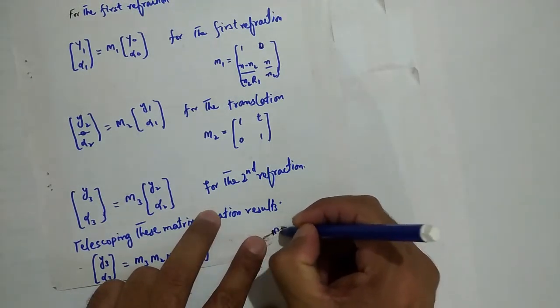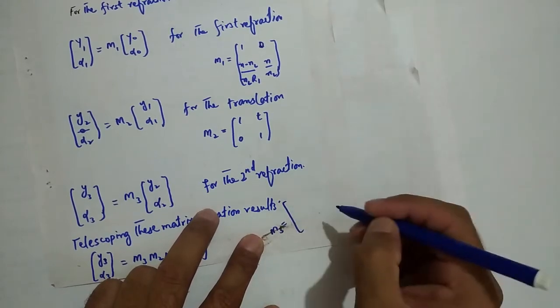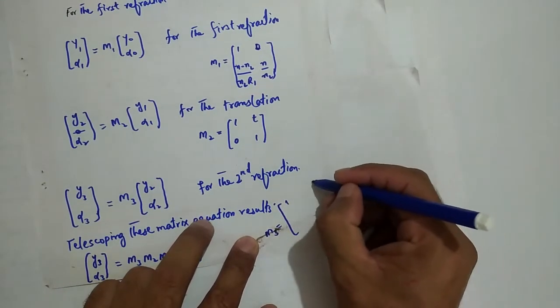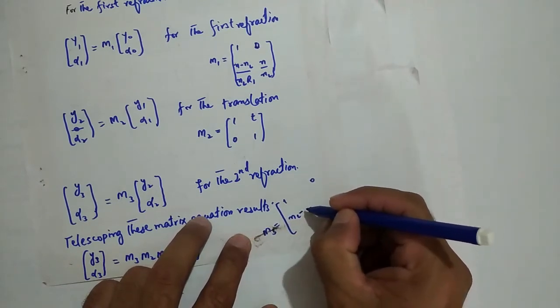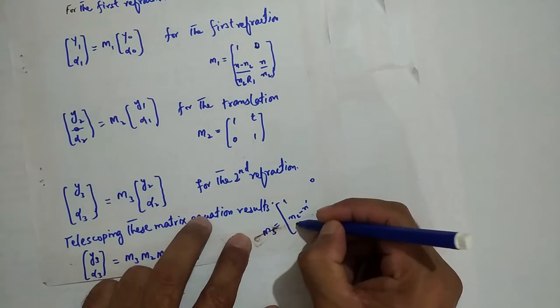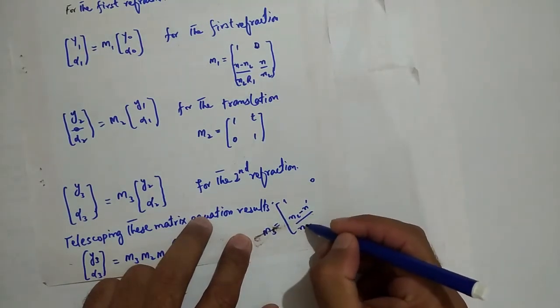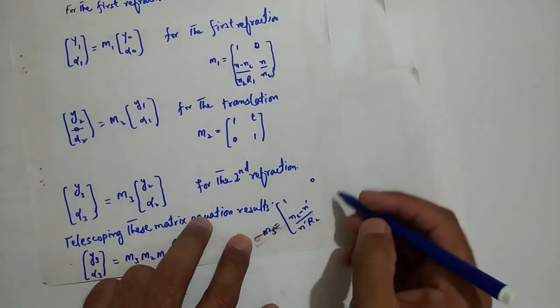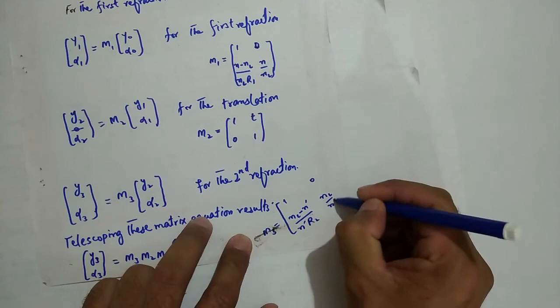Here M3 will be equal to 1 0, (nL minus n prime) upon (n prime R2), nL upon n prime.